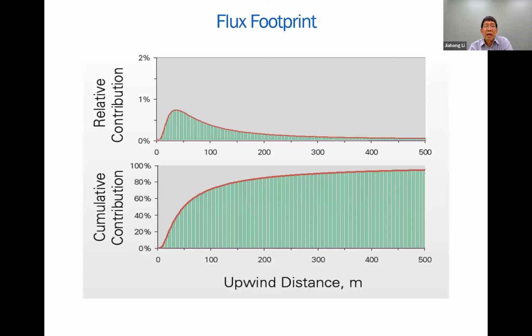At the end of data processing, we also can estimate the flux footprint. We first calculate relative contribution, as you see from the top graph. We then integrate the relative contribution from the tower around the distance away from the tower to get the cumulative contributions, as you see from the second graph.